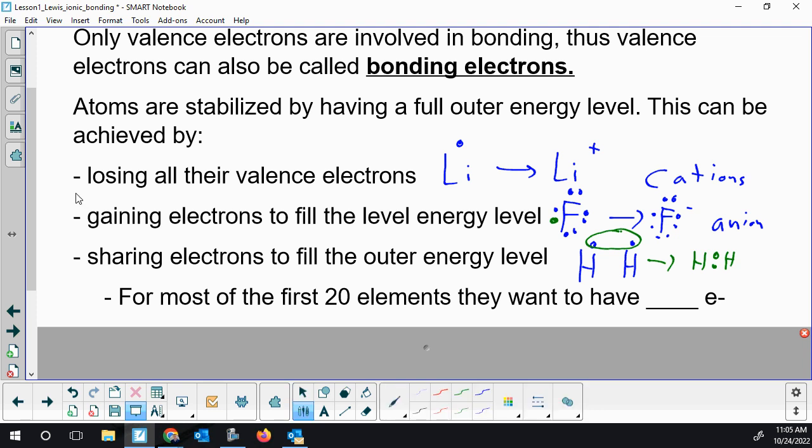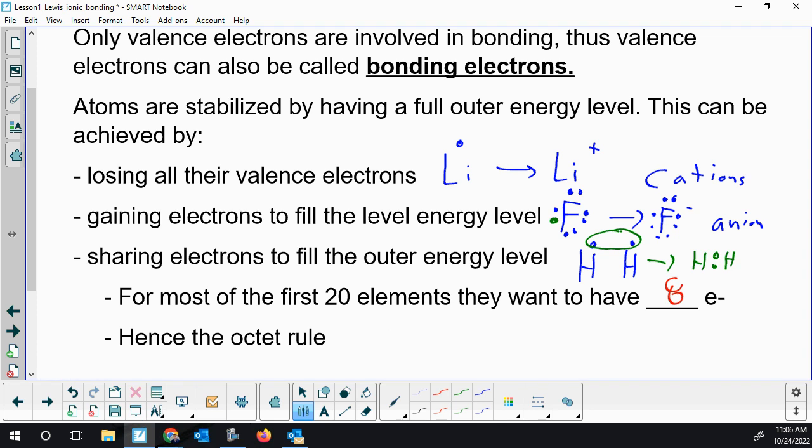For the first 20 elements, and in particular pretty much all the representative elements, they want to fill s and p orbitals, so they want to have 8 electrons. So both in high school and post-secondary, you'll hear the octet rule. Both ionic compounds and these new molecular compounds want to have 8 electrons around them.